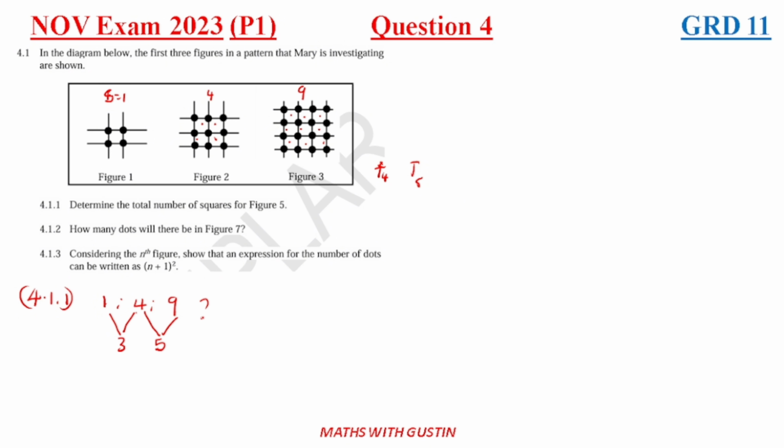We don't have another number here. 5 minus 3 gives us 2, but we can't say definitely whether this is quadratic or arithmetic because we can't compare with the other number that is supposed to be there.